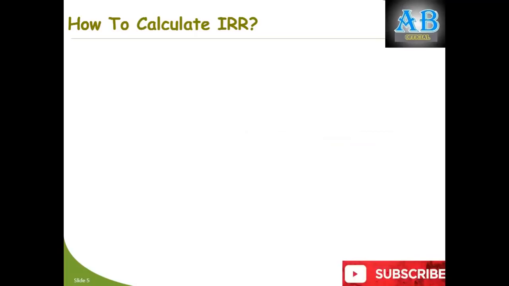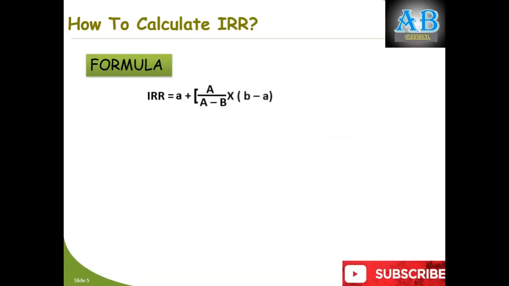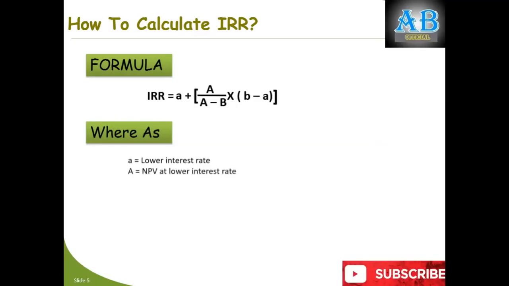Then how to calculate IRR? To calculate IRR, we have a formula: A plus capital A divided by capital A minus capital B, times B minus A, bracket closed. Here, A is the lower interest rate or cost of capital. Capital A is the NPV at the lower interest rate.